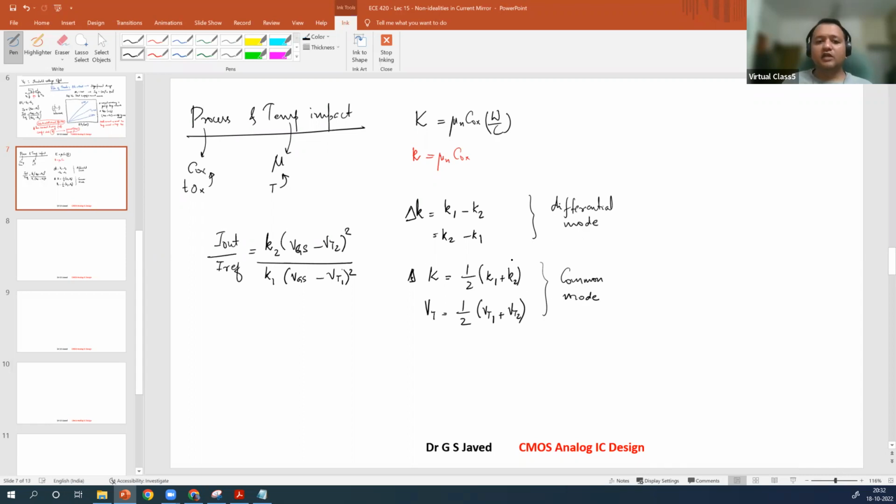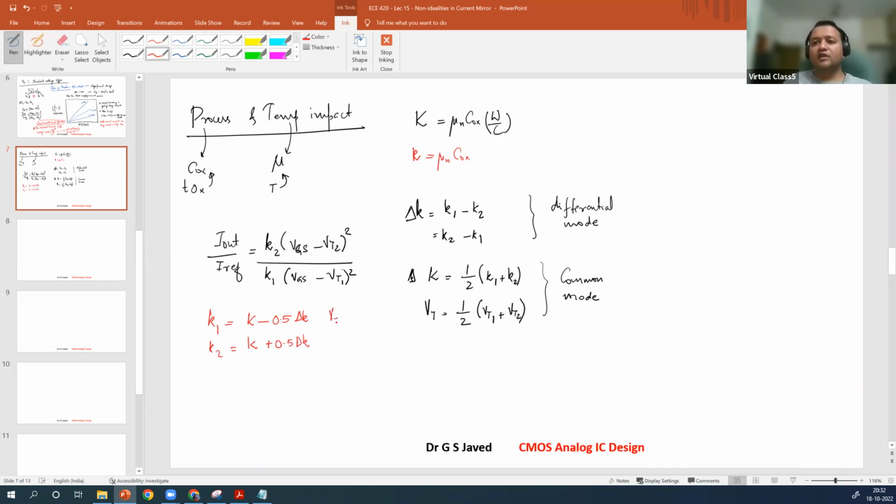Then we get a definition for each of these terms. K1 becomes K minus half of delta K. Then K2 becomes K plus half of delta K.